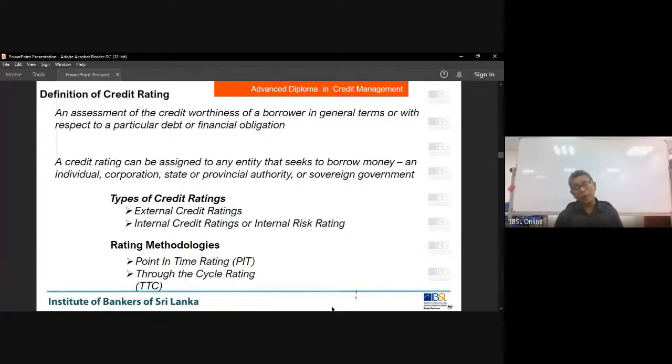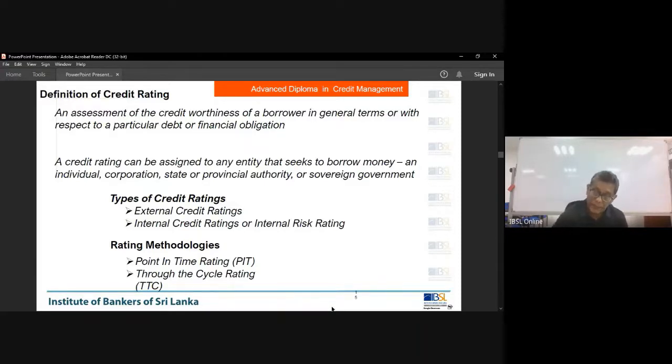Now for sovereign rating, they may look at various factors, right? They look at the environmental, social, and governance considerations, and they talk about ESG credit impact, right?